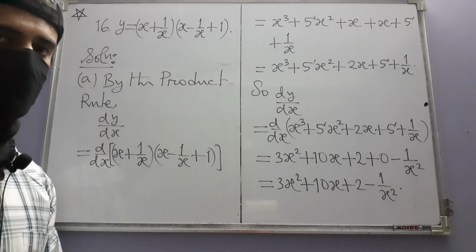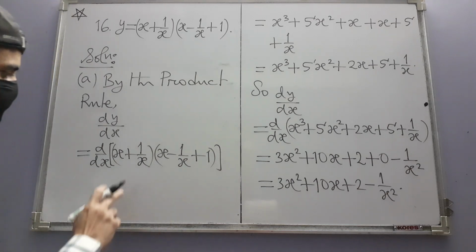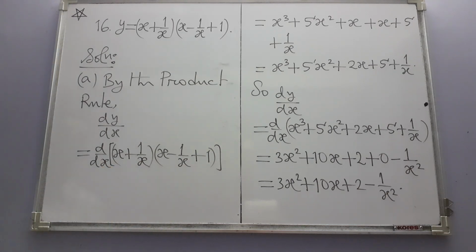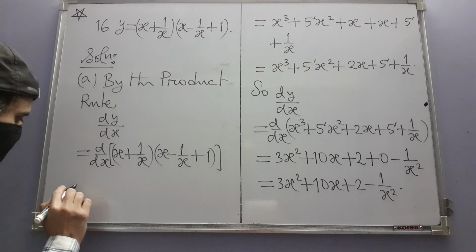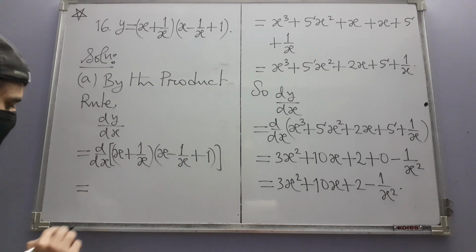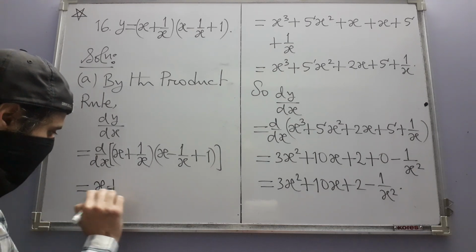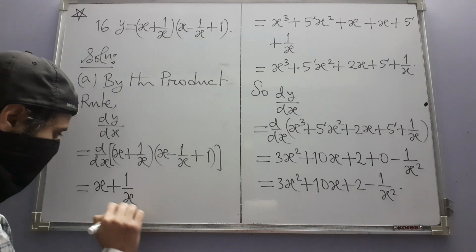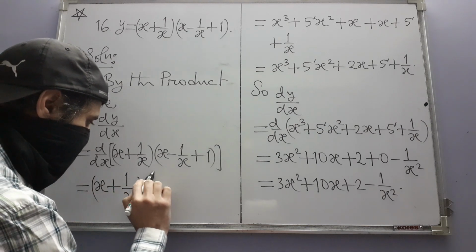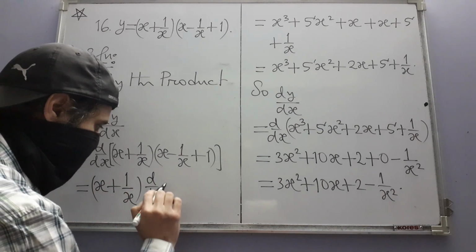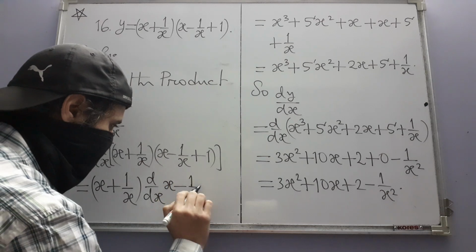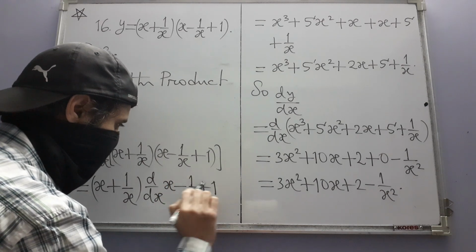You do the simplification first and then only you differentiate. I think many things will get cancelled, but we have to use the product rule because that's the demand. x minus 1 over x times x plus 1.